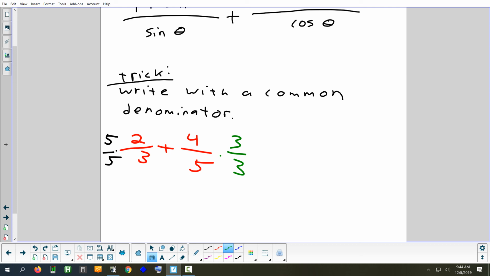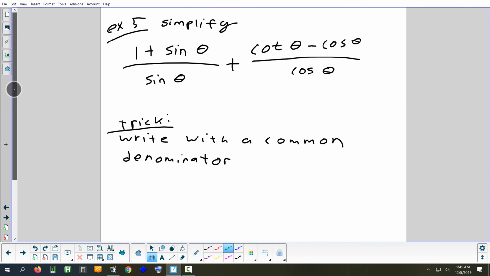We're going to do exactly the same thing in our problem. You know what? I'm going to do it in the first step just so I don't have to copy the whole thing again. Multiply each fraction by the other denominator. Cosine over cosine. Now there's two things there.